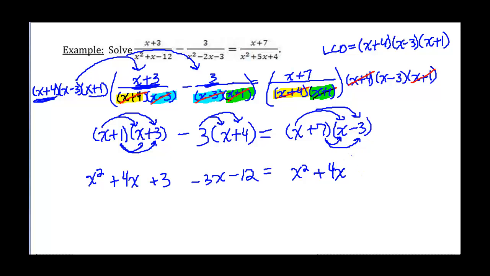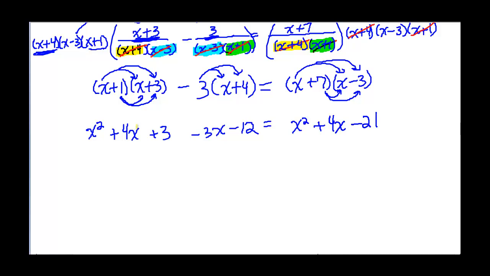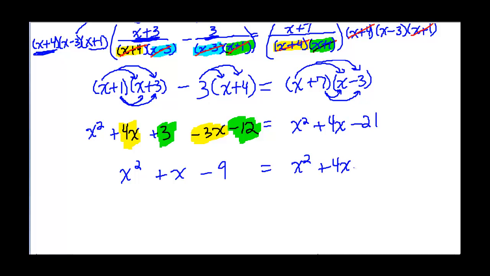And 7 times negative 3 is minus 21. All right, and so when we look, we can combine these two like terms here, and then we can combine these two like terms here. And we're going to end up with the equation x squared plus x minus 9 equals x squared plus 4x minus 21. Okay, this equation here looks to be quadratic.